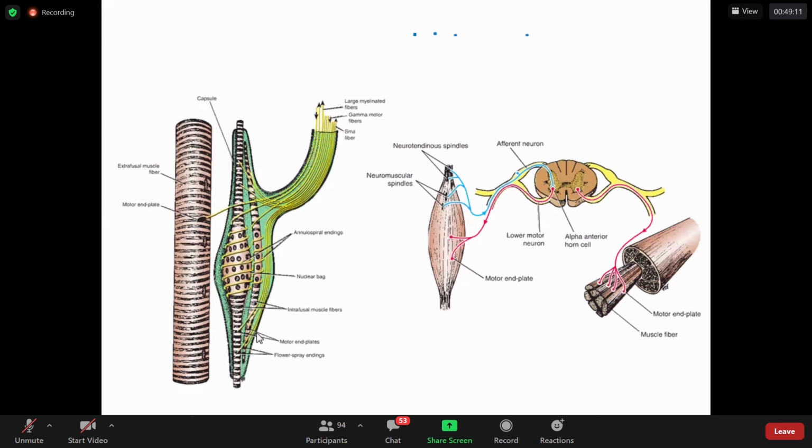And you can also see that the nuclear bag fibers, part of it extends beyond the capsule, both in the upper end and in the lower end. But the nuclear chain fibers remain contained within the capsule. Is it clear so far?